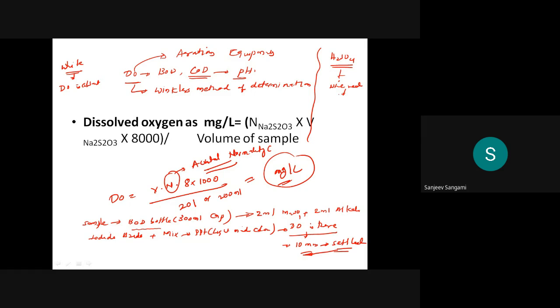Once it turns to wine red color, it is assumed that DO is present, but how much is there, we have to find out with the help of the titration method.